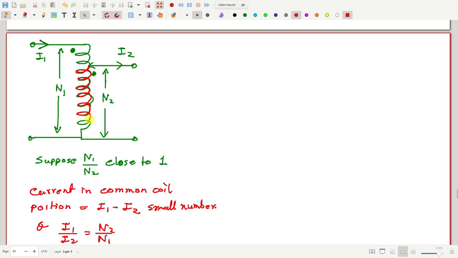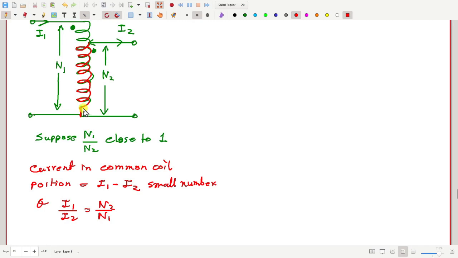Therefore this common portion does not need to handle a large amount of current, and so we can use a thin, narrow conductor in the common portion, because the current is small.